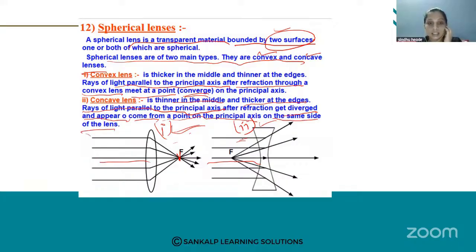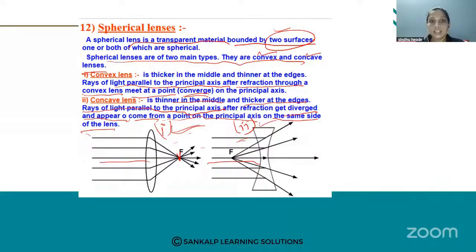See this: all these incident rays are parallel to the principal axis and all get diverged here. These are all the concepts related to convex and concave lenses.